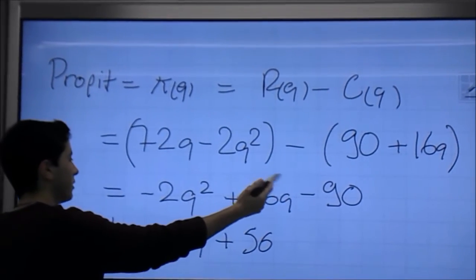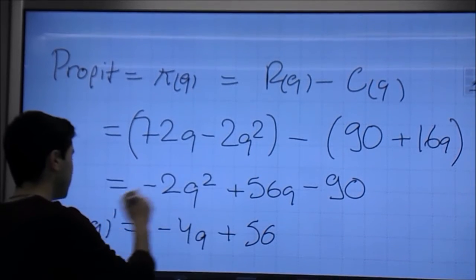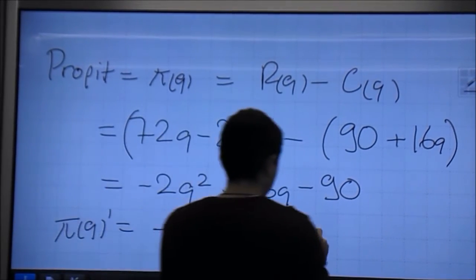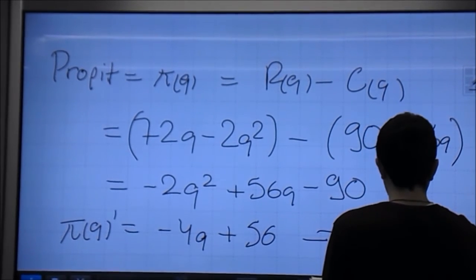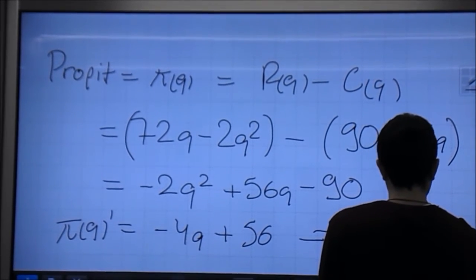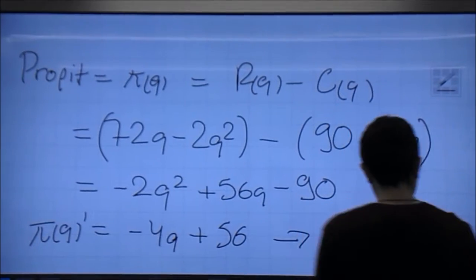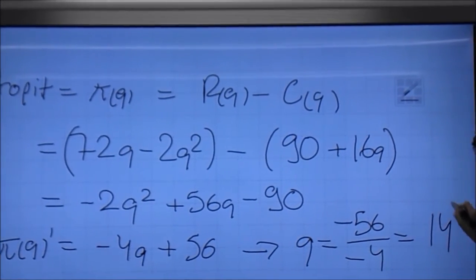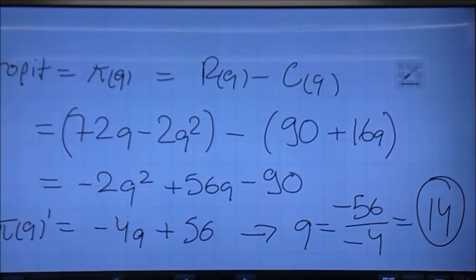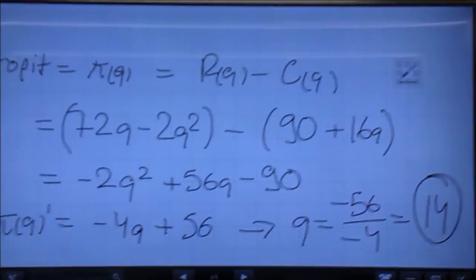And in the end, we will not have the minus 90 in this derivative. And this will give us in the end that q is equal to minus 56 divided by minus 4, which can be simplified as 14, which will be the units needed to obtain that maximum revenue.